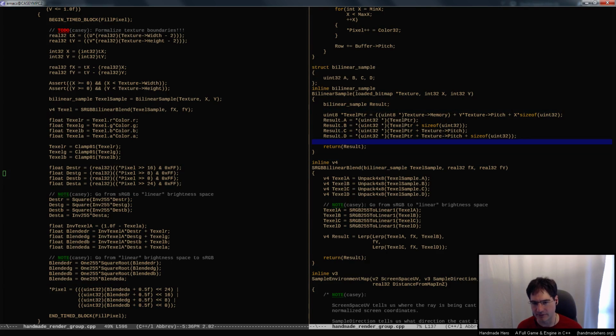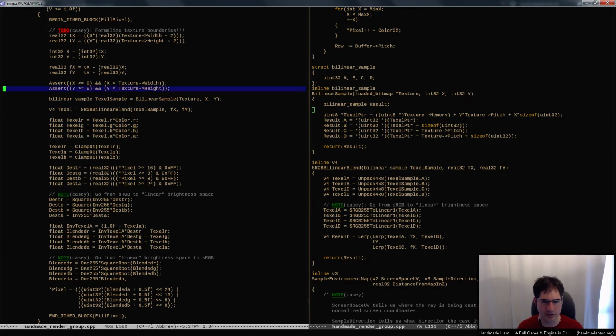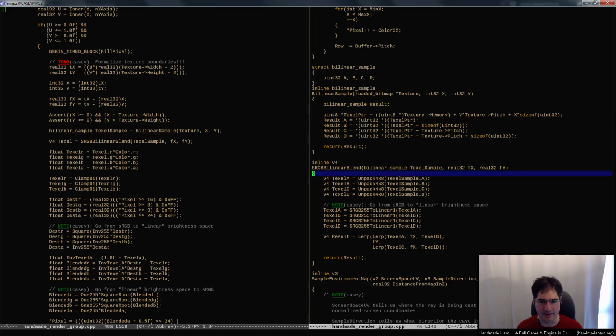Of course, they're probably slow because they're loads, but you can see how many operations happen here. You've got to do that unpacking, you've got to do that sRGB to linear on all of them, and then you've got to do the double lerps. It's just nasty, nasty, nasty. But that's what we're doing. So nasty it may be, but we're going to have to make it happen.